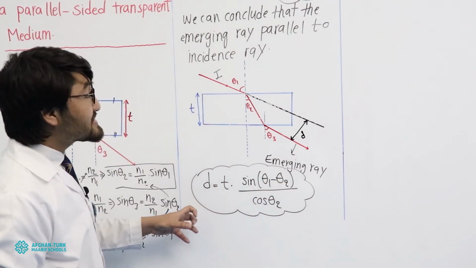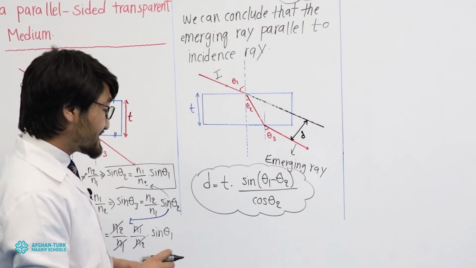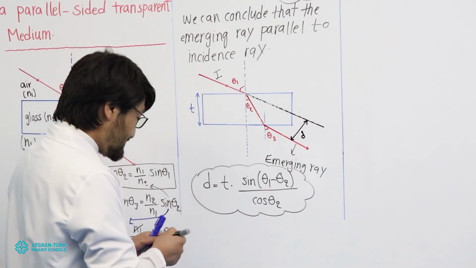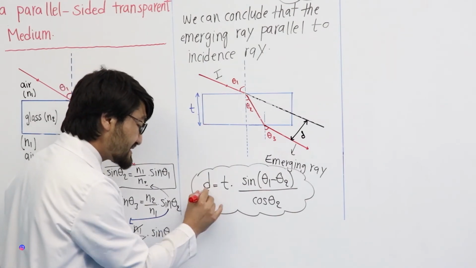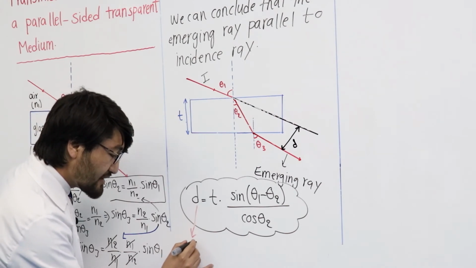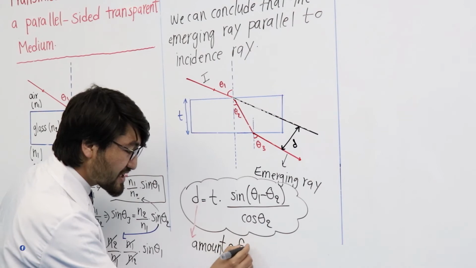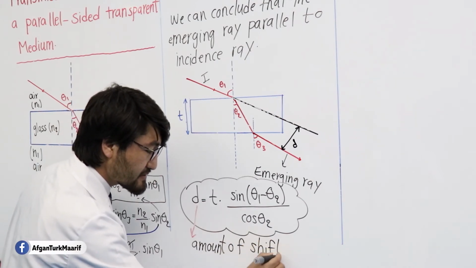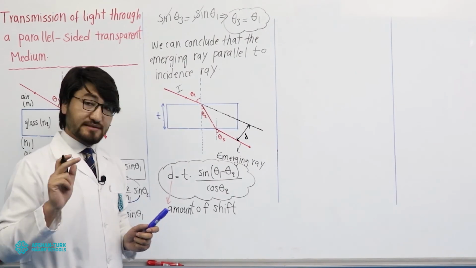What this equation says is that D is the amount of shift. The amount of shift depends on three things.